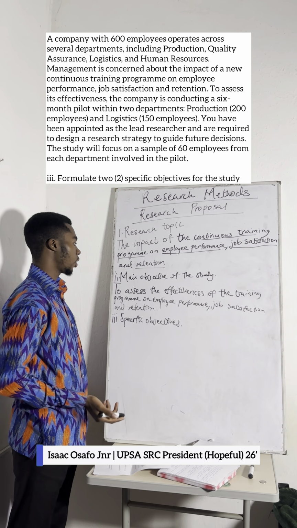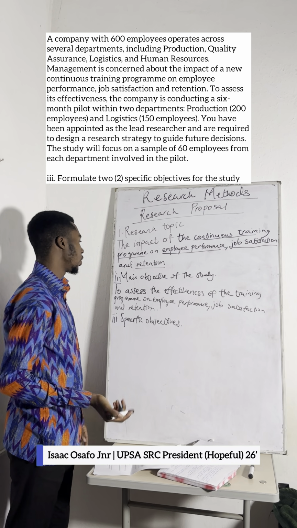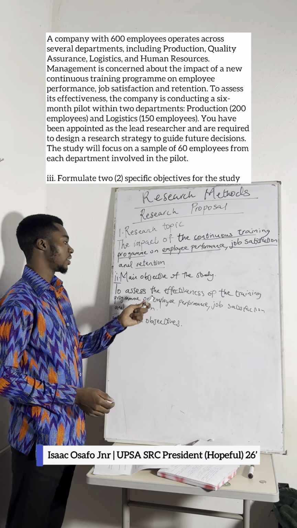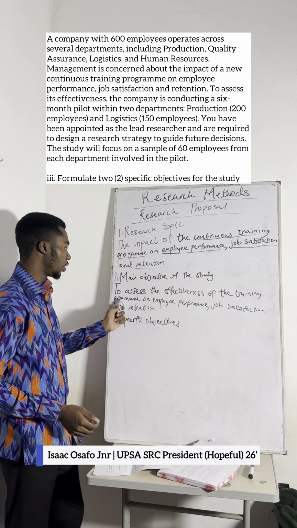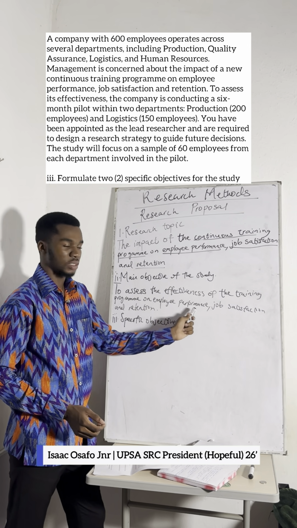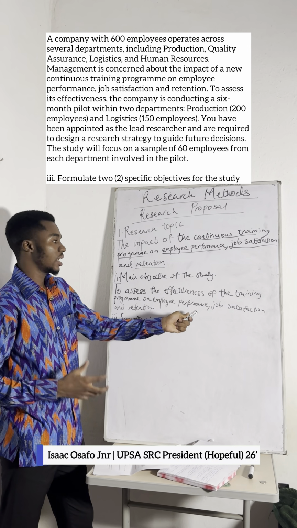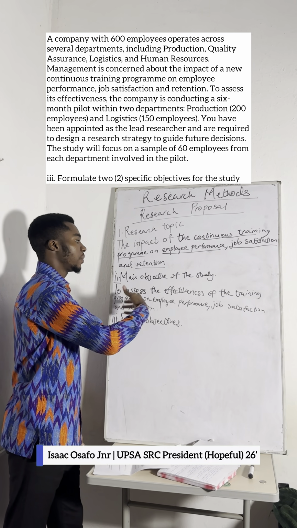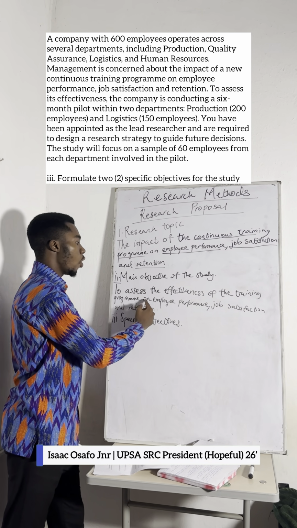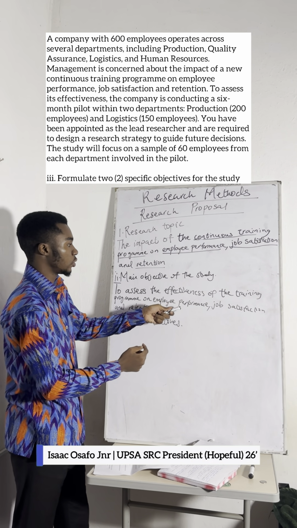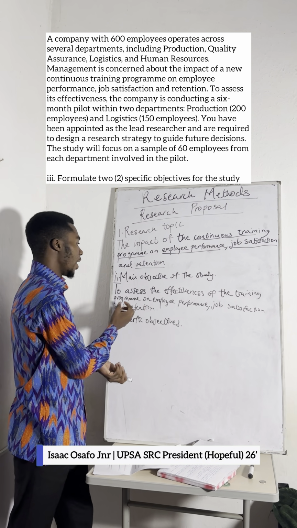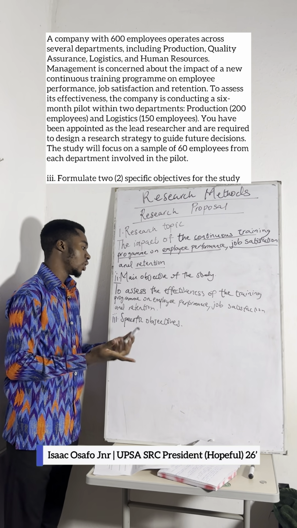So we can say to assess the effectiveness or the impact of the training program on employee performance. That can be the first one. And then the second one, we can say maybe to assess the impact of the training program on, so we've already spoken about employee performance, so on job satisfaction or retention. Do you get it? So we can do it something like that.